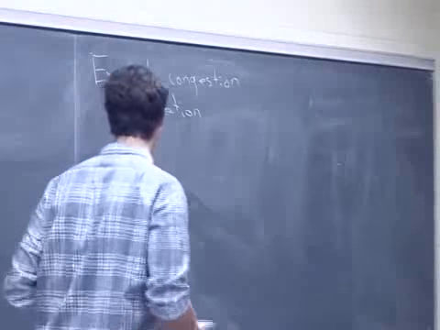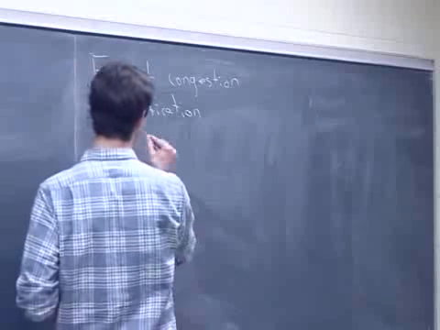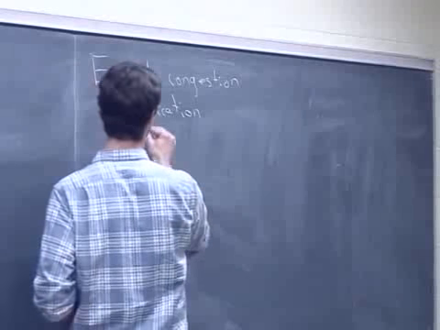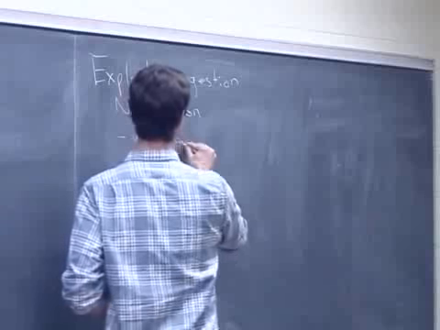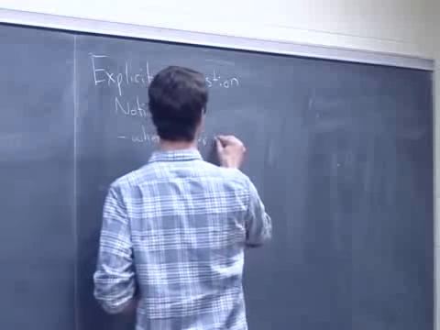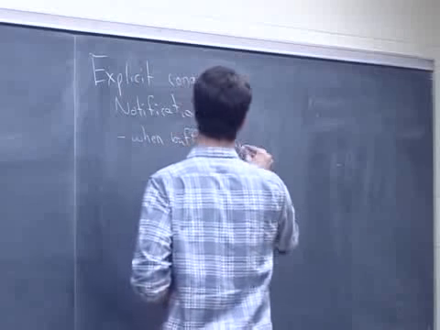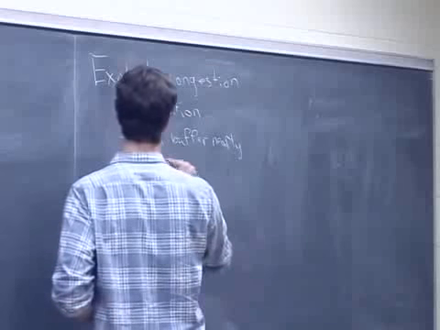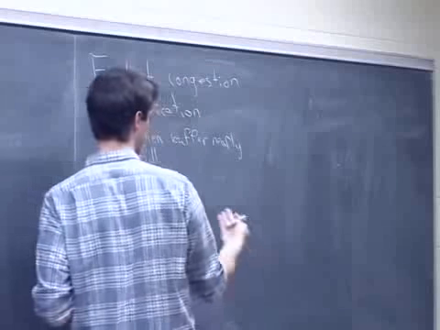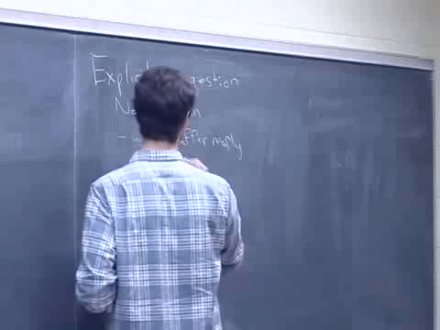Because the way this works is that when a buffer is nearly full, we mark a field in the packet, so we mark the congestion field.